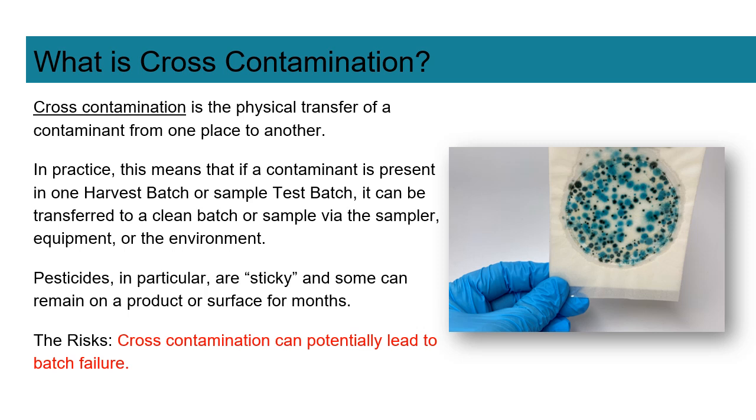In practice, this means if a contaminant is present in one harvest batch or sample, it can be transferred to a clean batch or sample via the sampler, equipment, or environment. Pesticides in particular are sticky, and some can remain on a product or surface for months. The risk: cross-contamination can potentially lead to batch failure.